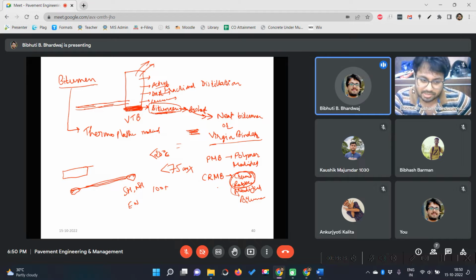Since there is only one, and with the increase in population and traffic demand, we need this type of modified bitumen more and more. Because of that, their sales are increasing like anything, and in the stock market, they are giving almost 414% return to investors. Isn't this amazing?